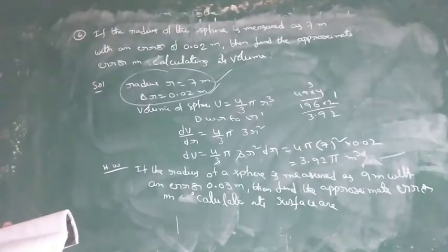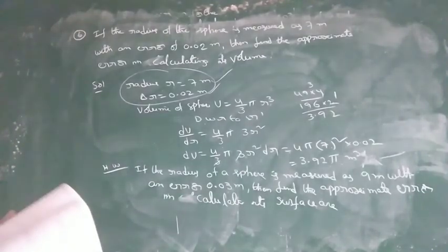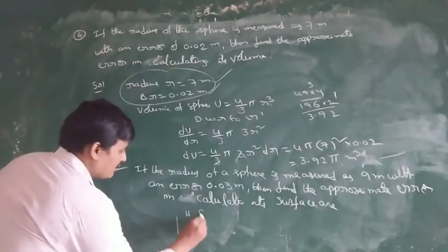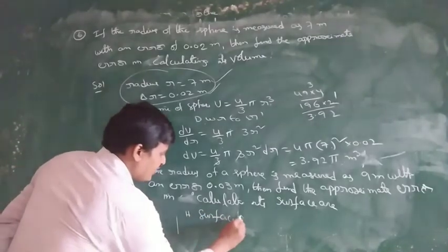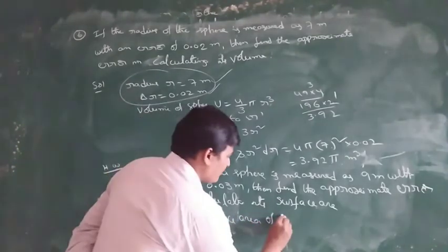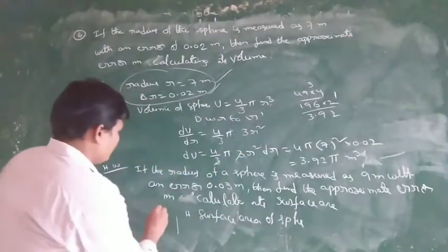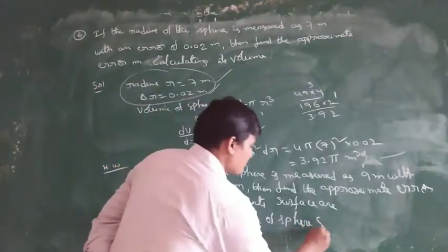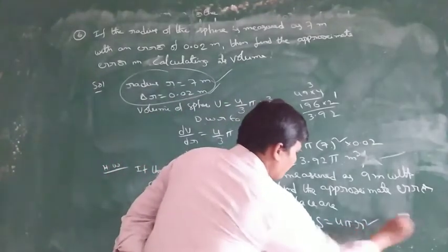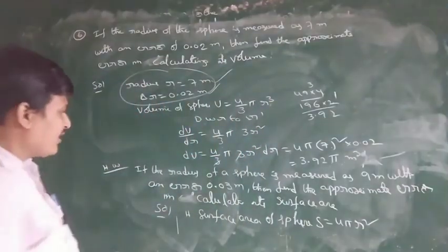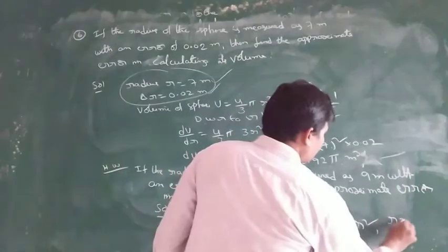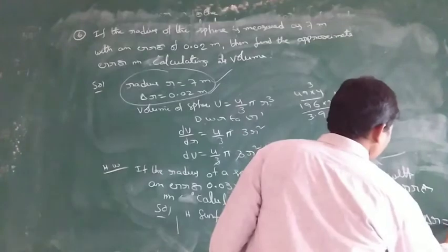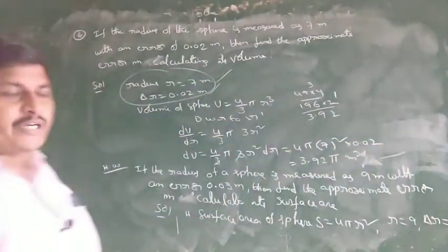Surface area of the sphere. Hint: you know only the volume of the sphere, but the surface area S is equal to 4 pi r squared. What is given? r is equal to 9, delta r or dr is equal to 0.03.